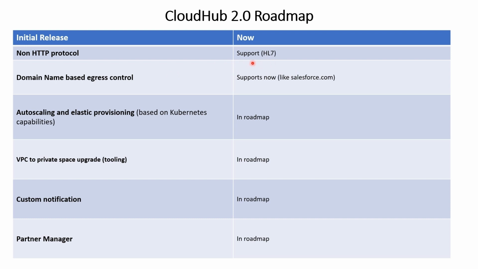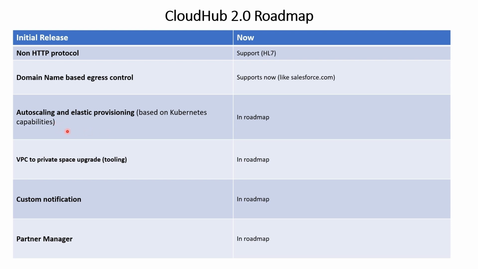For example, now it supports the healthcare protocol HL7. In CloudHub 2.0, now you can configure domain name based egress control. So instead of configuring the different application IP addresses in egress control, you can configure the SaaS domain name, for example salesforce.com.